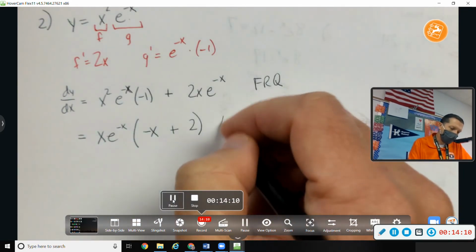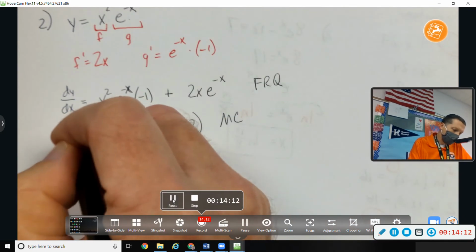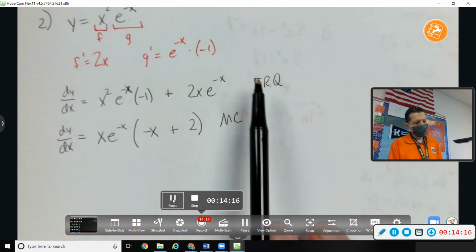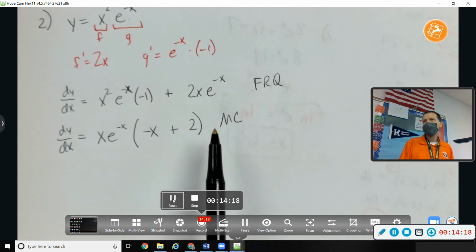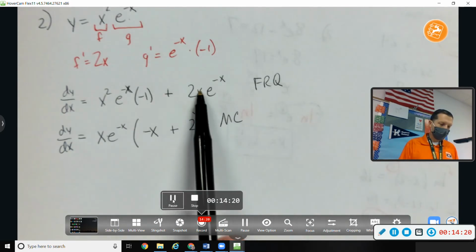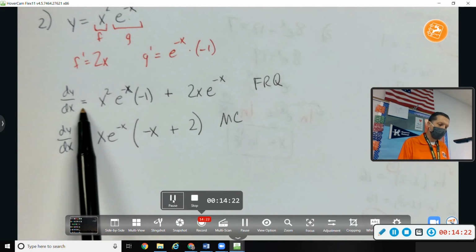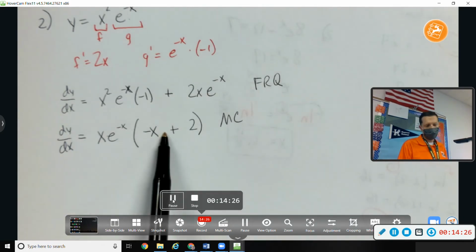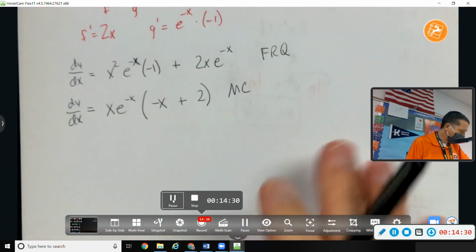So there's your multiple choice answer. And I think, like usual, you can get from free response to multiple choice without that much difficulty. So when you're checking in the back of the book, just know that you're fine to leave it like that, but can you recognize that what the back of the book has is the same thing as what you have? And sometimes that's the trick.